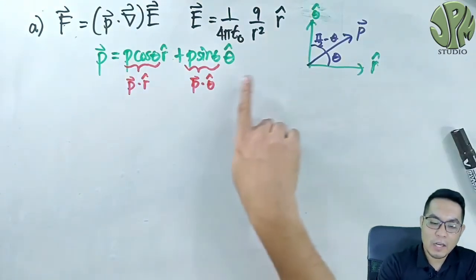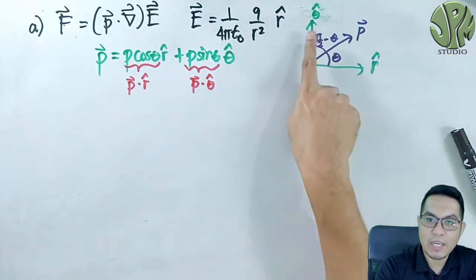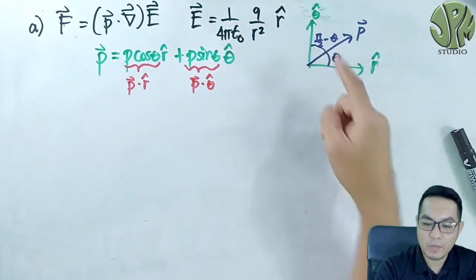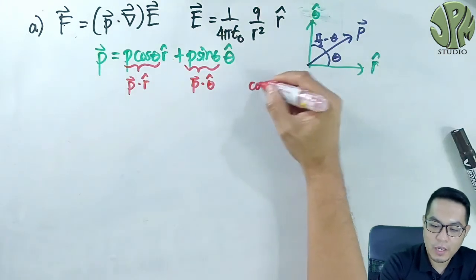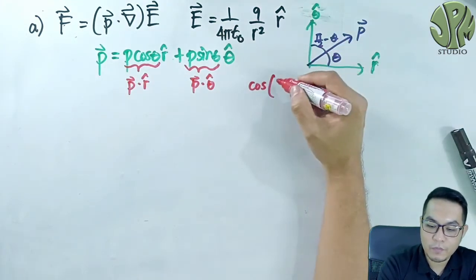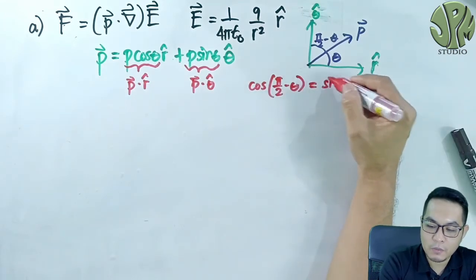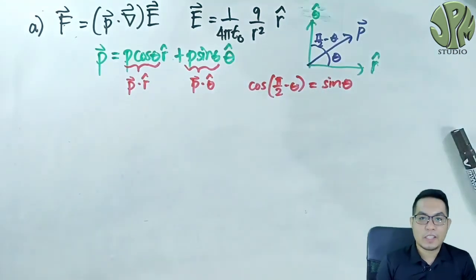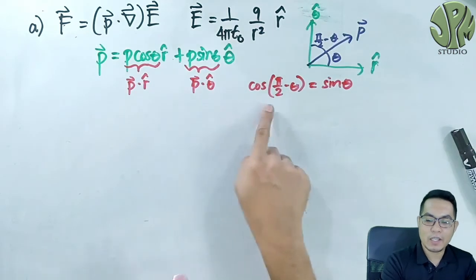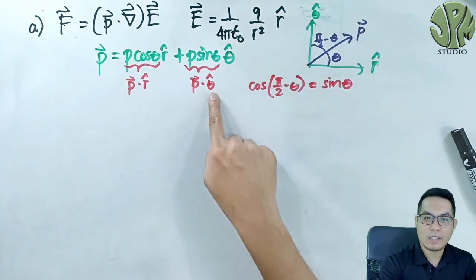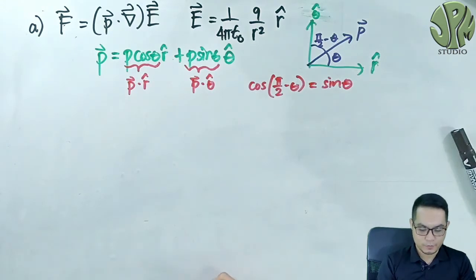Take note that the angle between p and theta hat is pi over 2 minus theta. And cosine of pi over 2 minus theta, if you will recall in your elementary trigonometry, is equal to sine theta. Basically, p sine theta is just the dot product of the p vector and the theta hat vector.